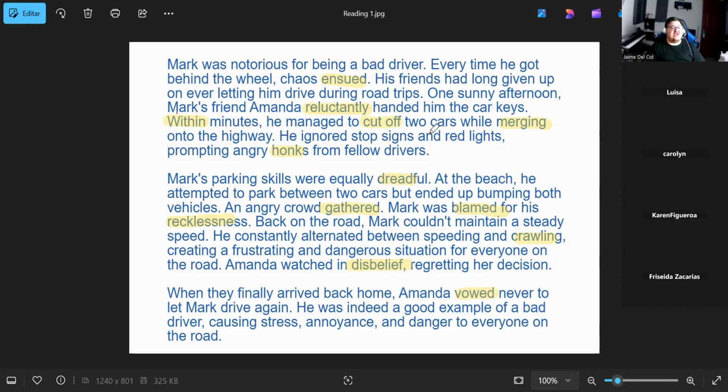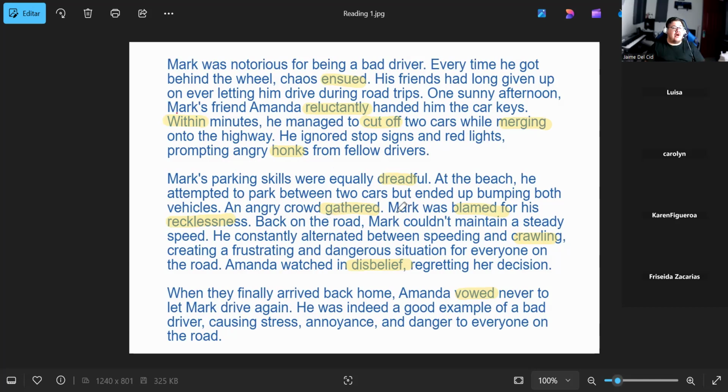He ignored the stop signs and red lights, prompting angry honks from fellow drivers. Mark's parking skills were equally dreadful. At the beach, he attempted to park between two cars, but ended up bumping both vehicles. An angry crowd gathered. Mark was blamed for his recklessness.